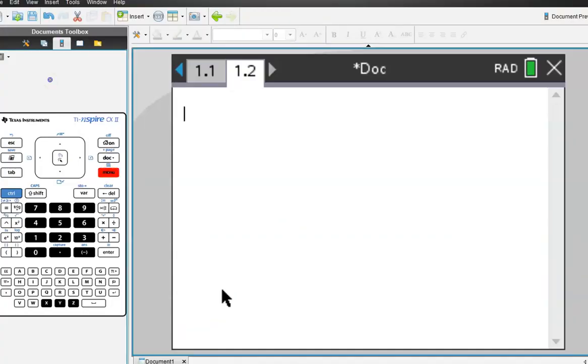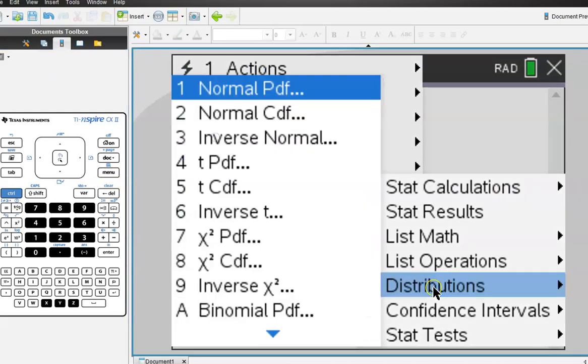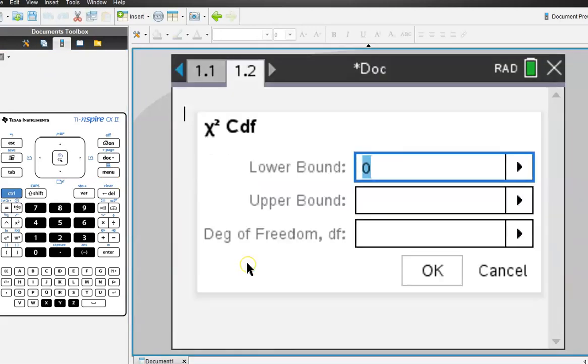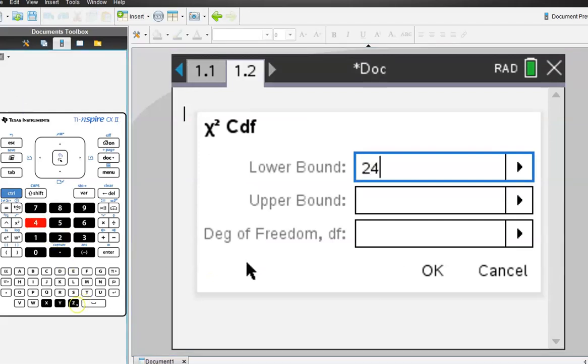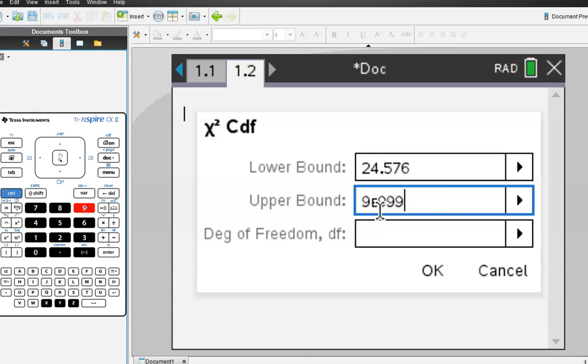To access it, you would do menu, statistics, distributions, chi-squared CDF. The low would be 24.576. And now we're going to do 9E999.